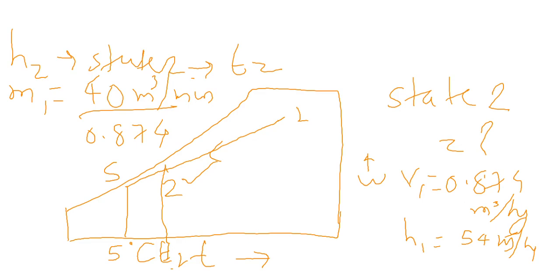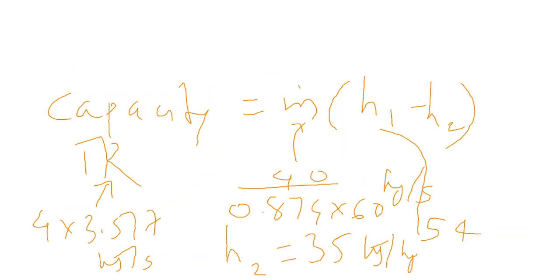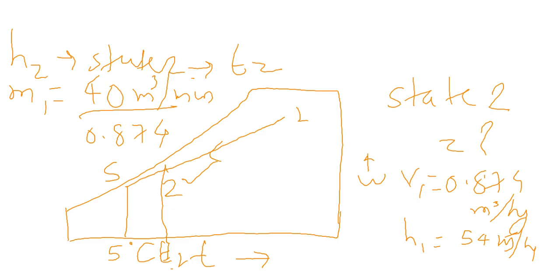So once again I'll repeat, how do we find T2? We find T2 by doing an energy balance of capacities, m dot into H1 minus H2, find m dot, and hence find H2. Once you get H2, you have already drawn the condition line by joining the state S, which is 5 degrees centigrade on the saturation curve, with the state 1.